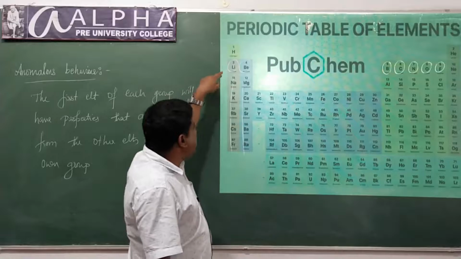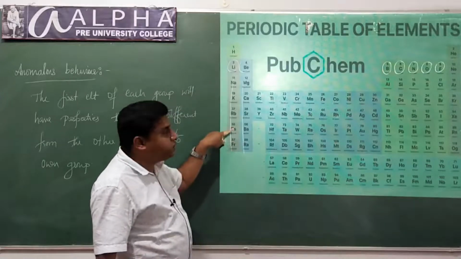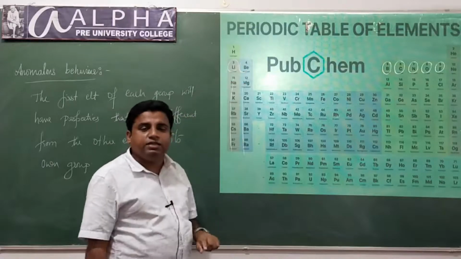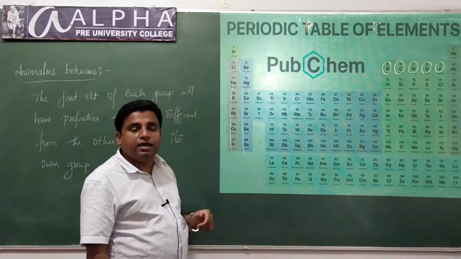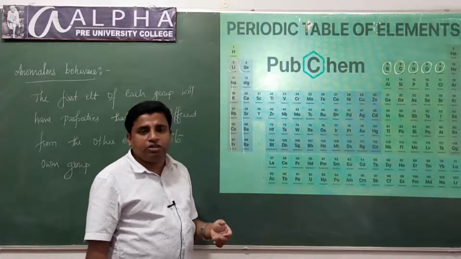That means lithium should have the same physical and chemical properties as the other elements. Beryllium should have the same physical and chemical properties as the other elements in its group. But lithium has different properties than other alkali metals. Beryllium has different properties than other alkaline earth metals.